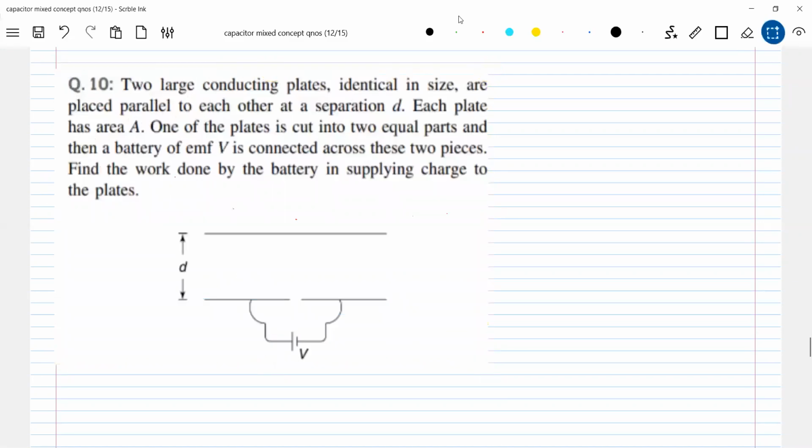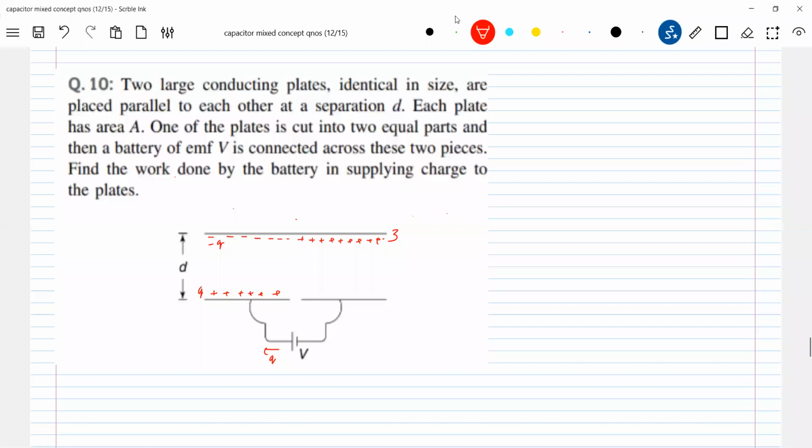Yeah, the diagram is visible. So let's focus on the charge. The charge Q will flow here. This will go and deposit here, plus Q. It will induce charge on the left part, minus Q. This will be plus Q. Why should I do it like this? Because the charge should be conserved. What was the earlier charge of the plates? Charge of all plates was 0.